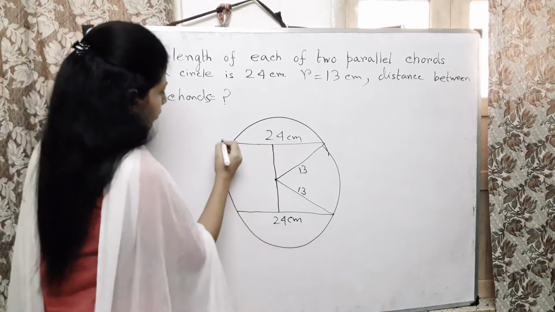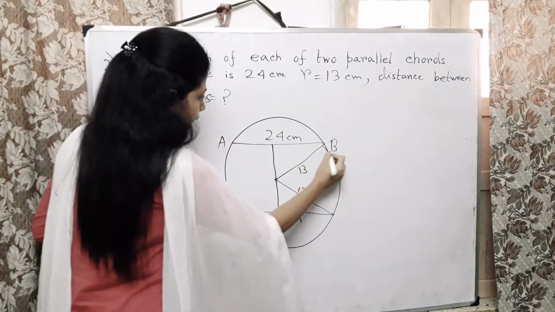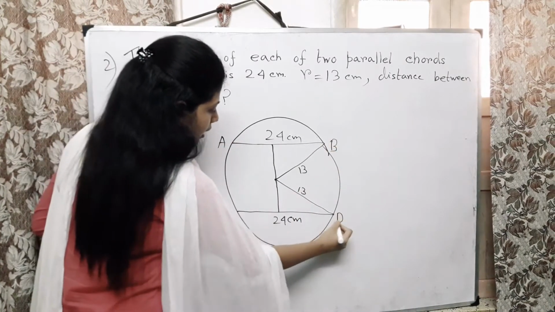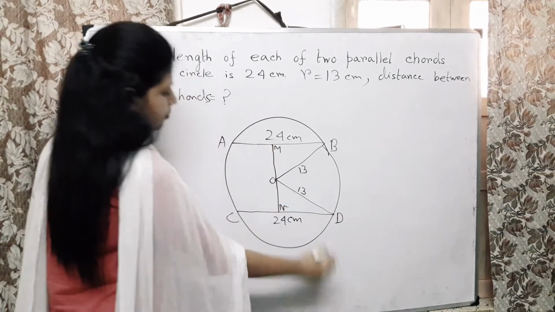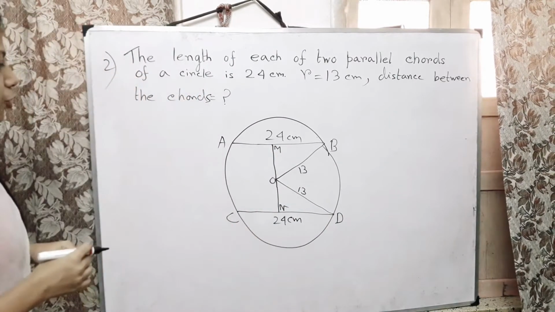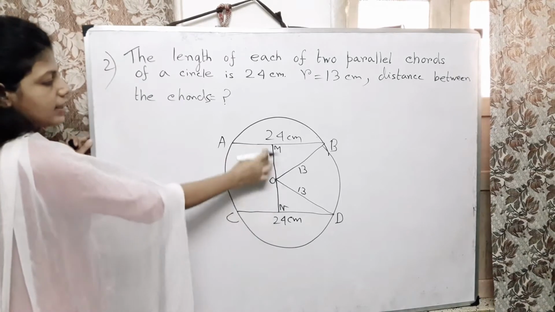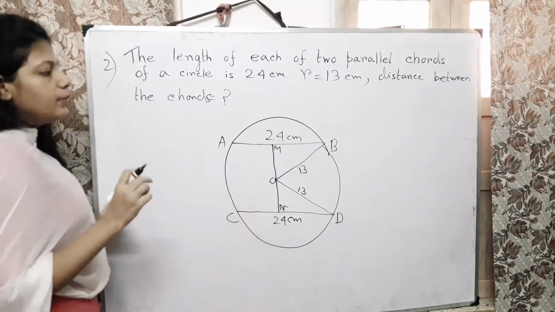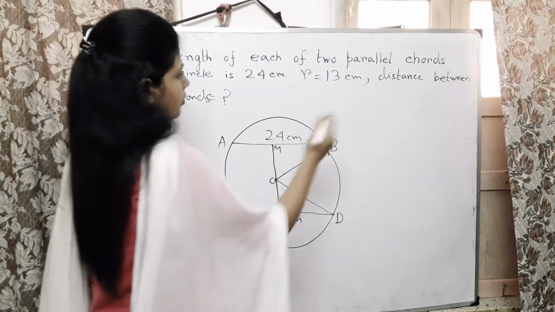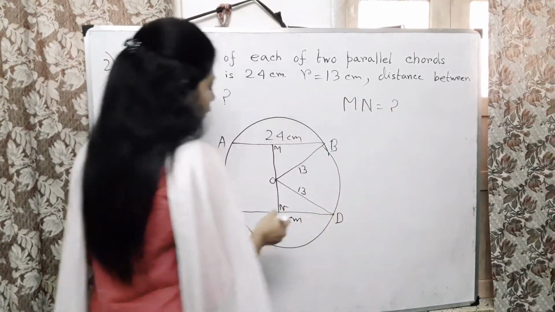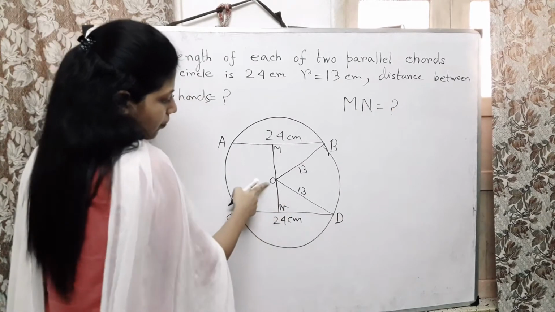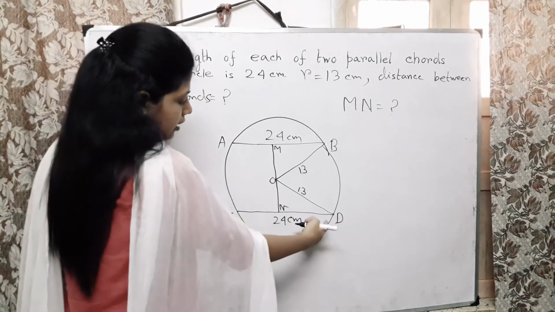Now write down the names. Suppose AB, CD, O, M, N. We have to find MN, because MN is the distance between the two parallel chords. So first I will take this triangle OND.